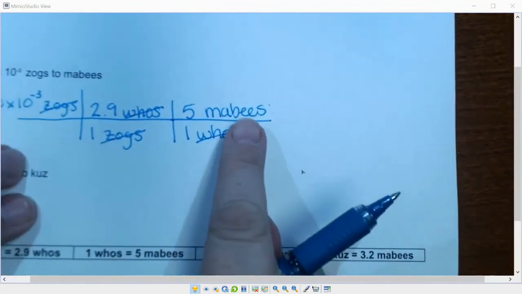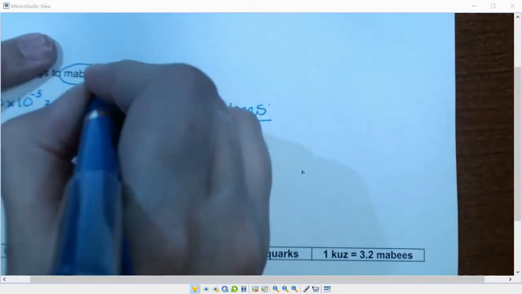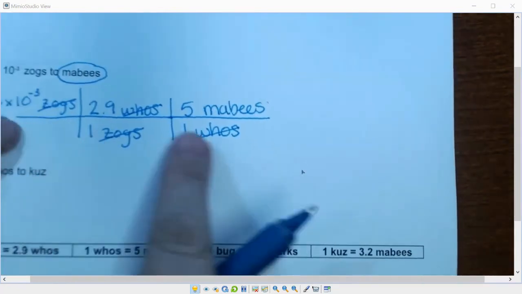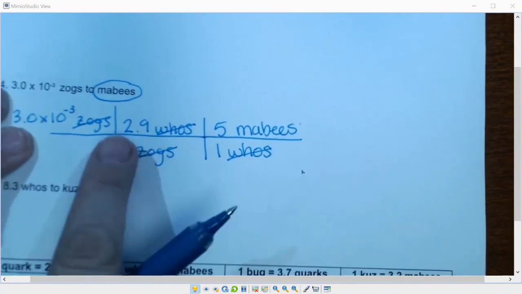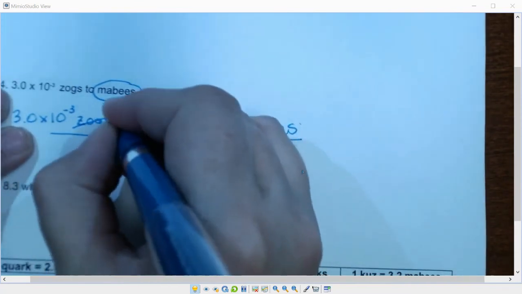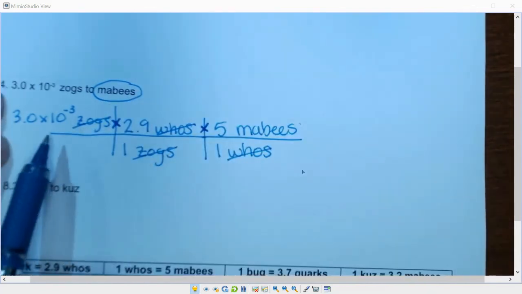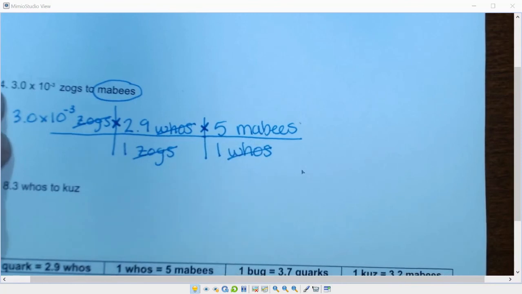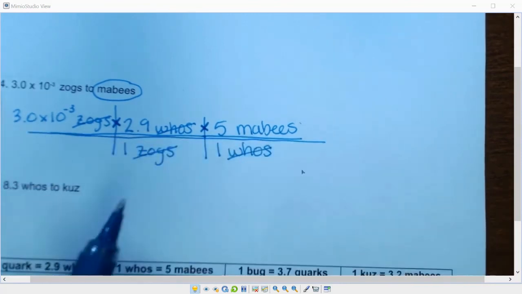Now the unit that's left uncanceled agrees with the unit that I am trying to solve for, which means I don't have to do anything else other than use my calculator. So again, anytime you see a vertical line, that means to multiply. And in this case, we're going to have 3 numbers to multiply instead of just 2. Anytime you have a horizontal line, that means to divide.